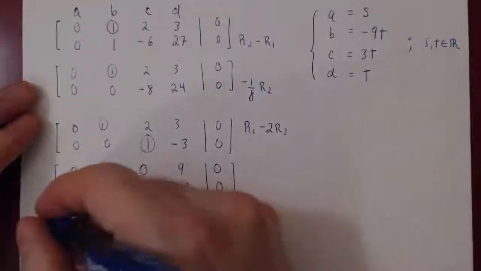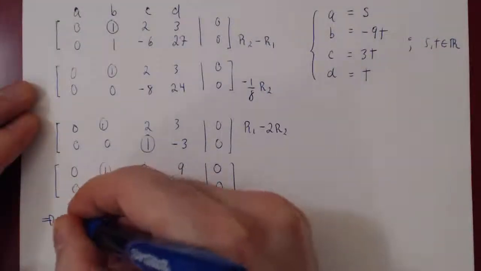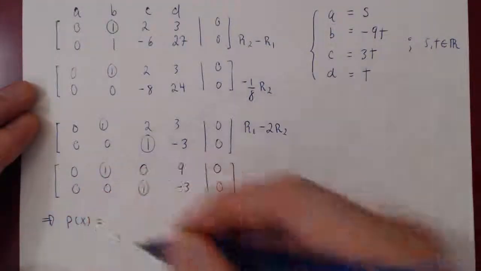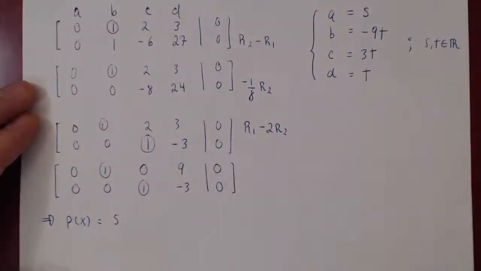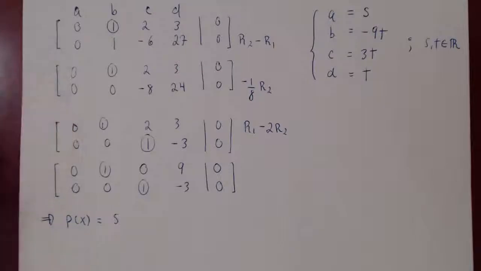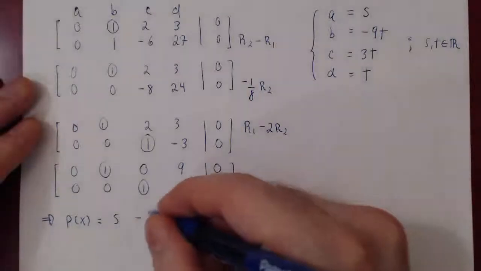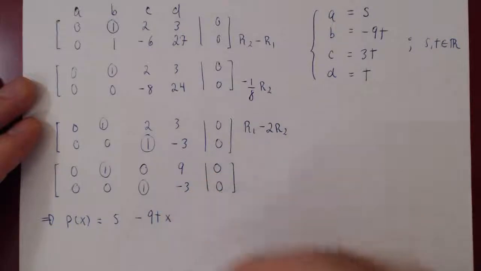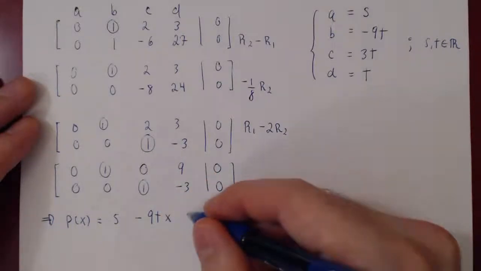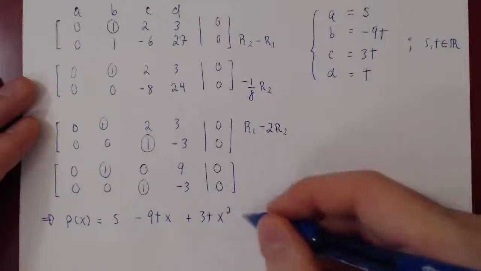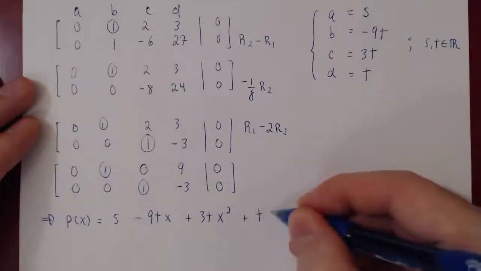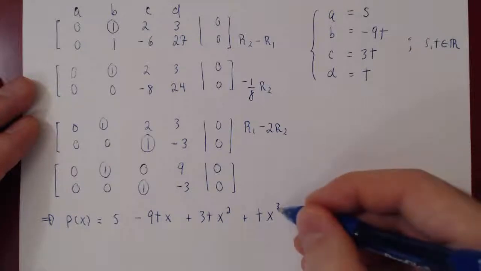So our polynomial, p of x, must equal a, so s, plus b x, so negative 9tx, plus cx squared, so plus 3tx squared, plus dx cubed, plus tx cubed.